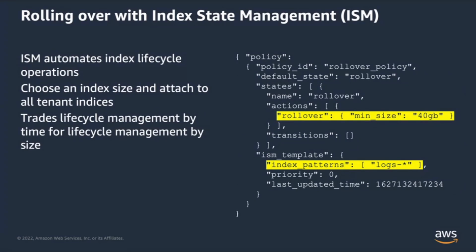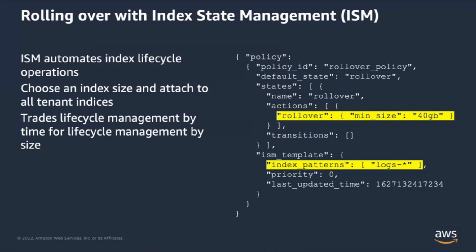You can use OpenSearch's index state management to automate the process of lifecycle operations. So I've shown a small policy here that you attach to your indices, and you'll see there's a rollover action that rolls over indices at 40 gigabytes.